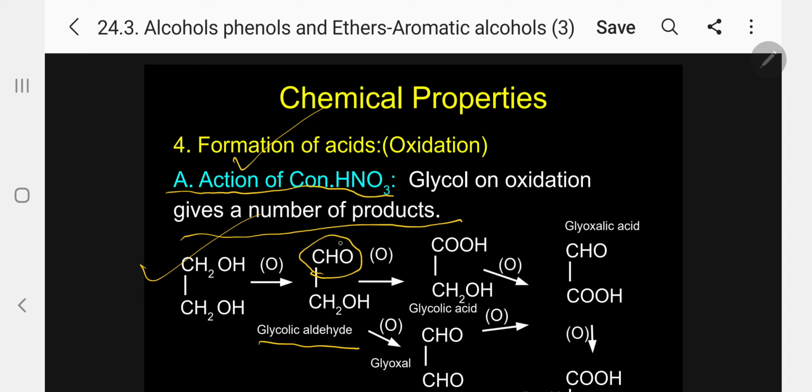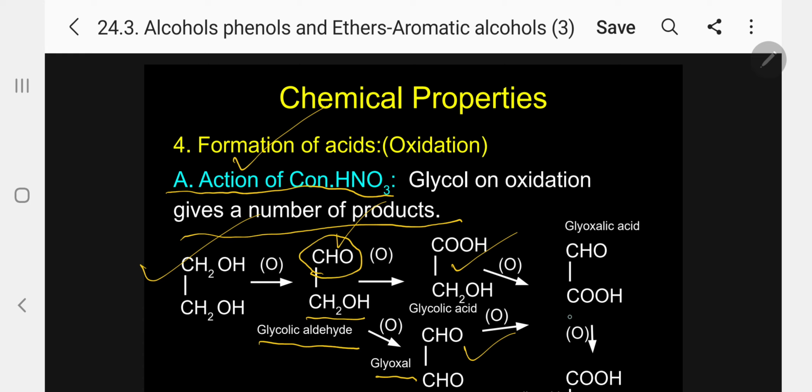One, it will oxidize CHO, so that produces glycolic acid. Or if it oxidizes CH2OH, with CHO on both sides, the name is glyoxal. Please follow. So from glycolic aldehyde, two products are formed. These are called side reactions: glycolic acid and glyoxal.